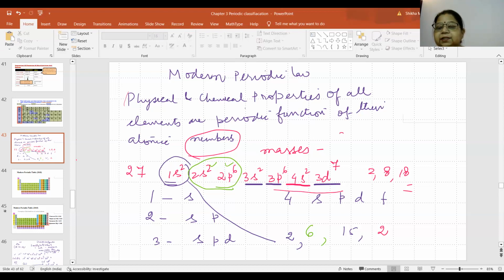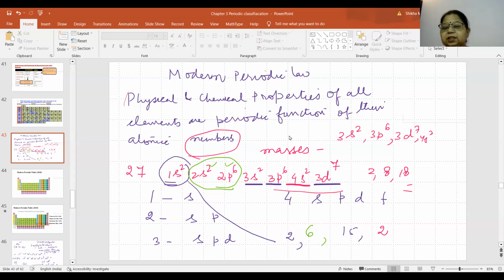They write it as 3s2, 3p6, 3d7, 4s2, right? That is not the correct way of writing. Whenever we are solving a question related to the modern periodic table, the position of an element, it is important. We must write the configuration in the order the electrons are filled. As you can see, this is 27. And if I remember correctly, 27 is the atomic number of cobalt, Co.